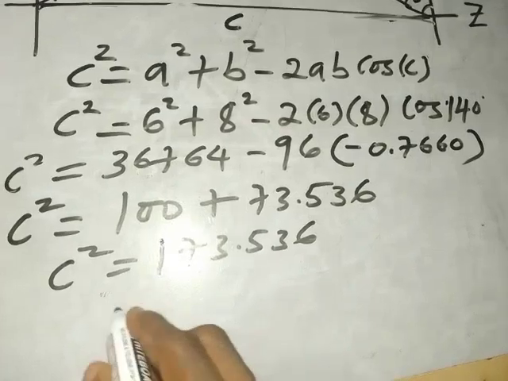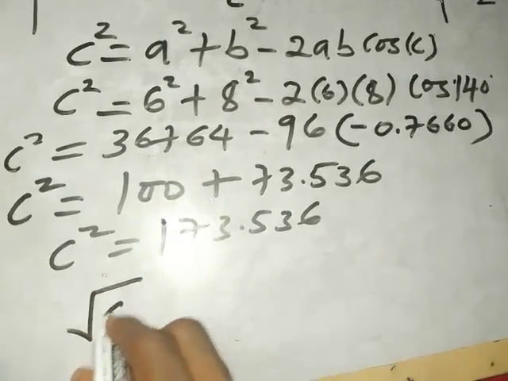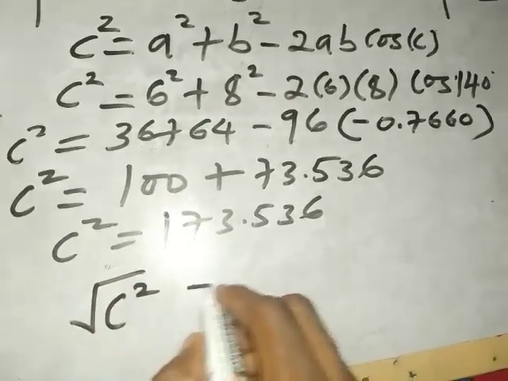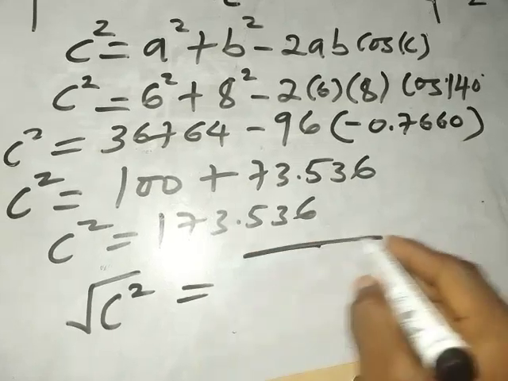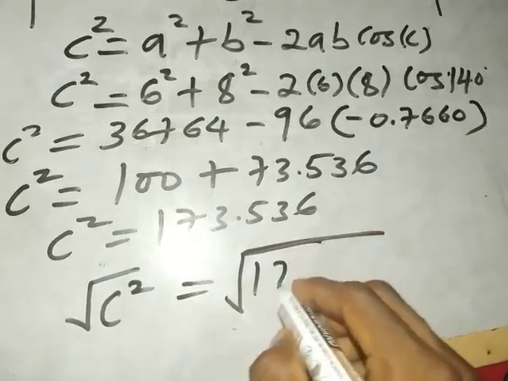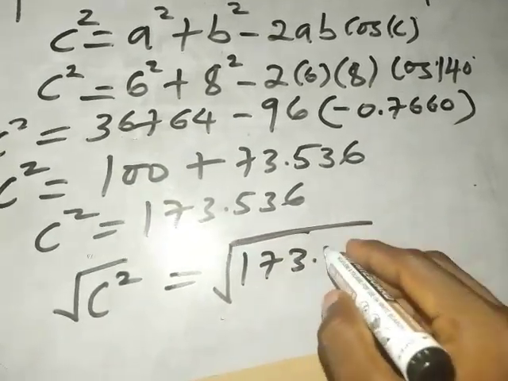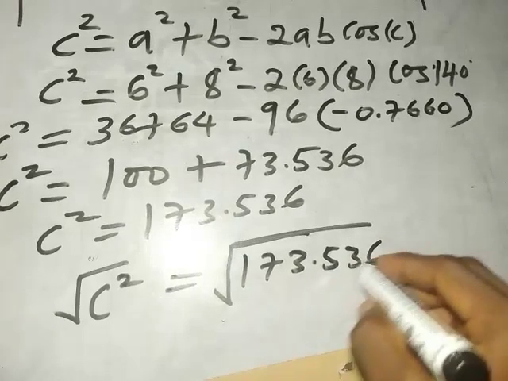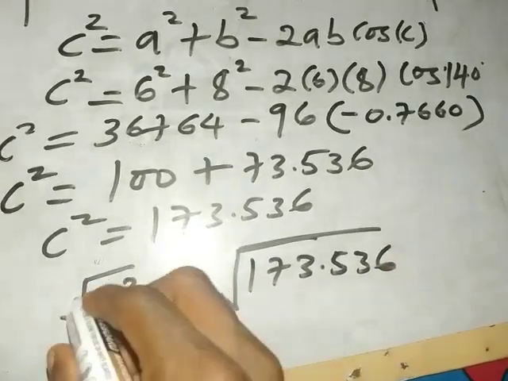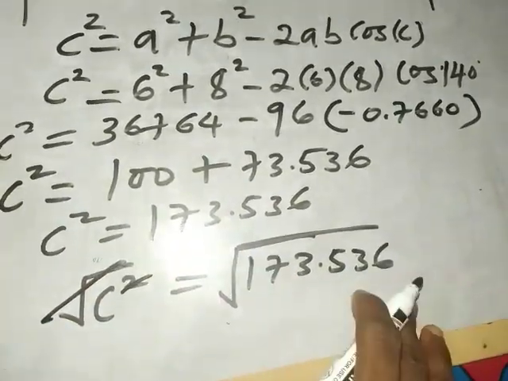If you take the square root of both sides, it is equal to the square root of 173.536. This square root will cancel out the square, it is authorized.